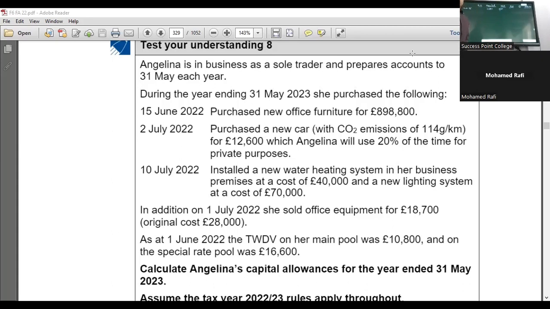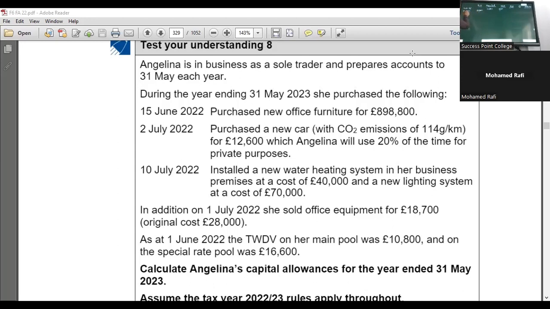On 15th June, purchase a new office furniture for 898,800. So we will claim a new office furniture. First, write the new furniture for 898,800.